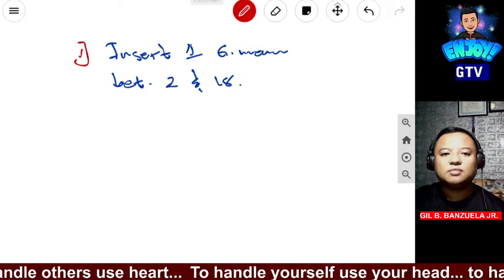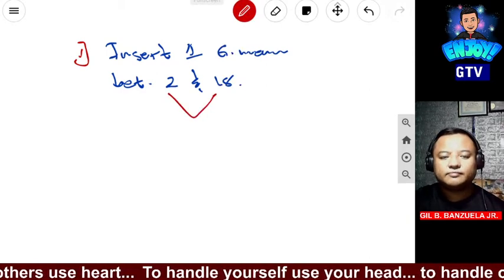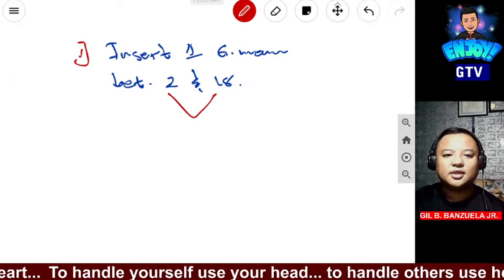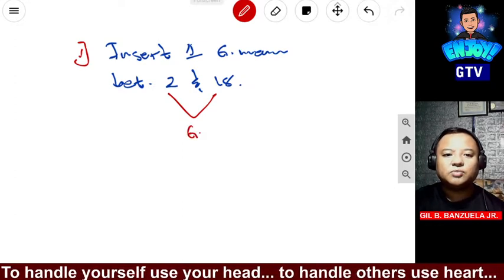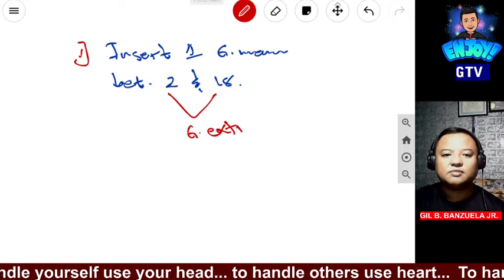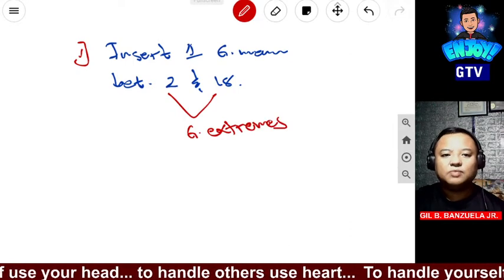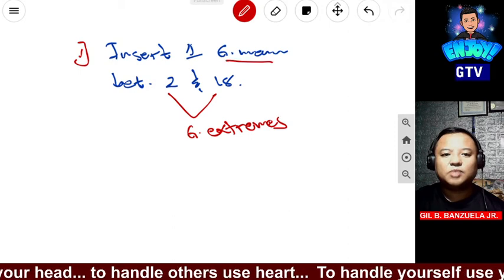Alright guys, so let me reiterate that 2 and 18 are our geometric extremes, and in between them is our geometric mean.